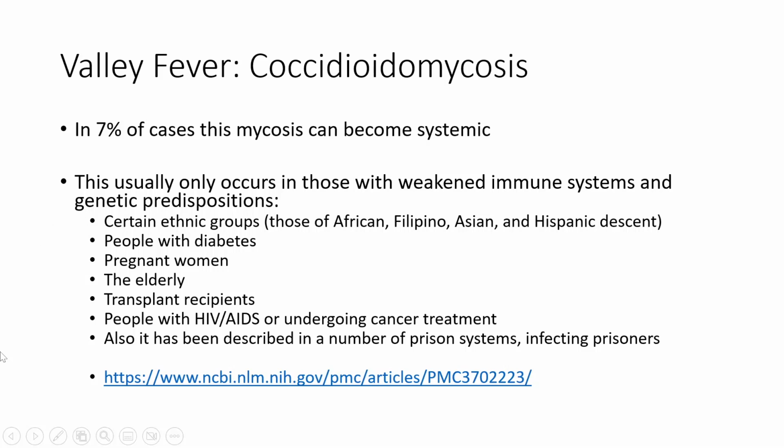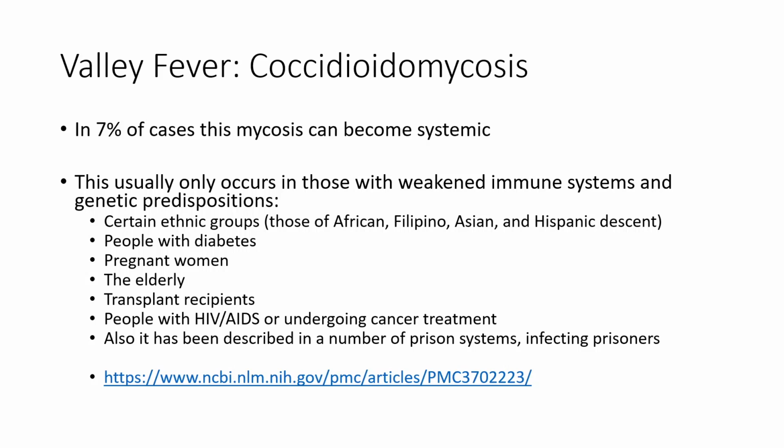Sorry guys. But also pregnant women have a weaker immune system because their body's focused a little bit more on other things at the moment. And then we have elderly patients, and transplant recipients, who are still trying to get their body adjusted to their new organ. And people with HIV or AIDS, or people who are undergoing cancer treatment.